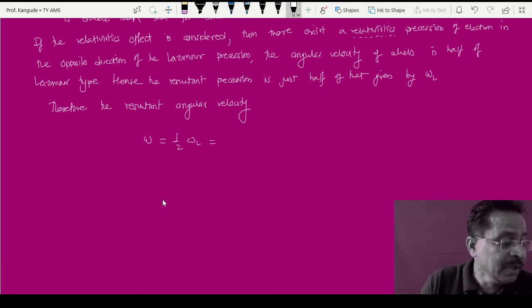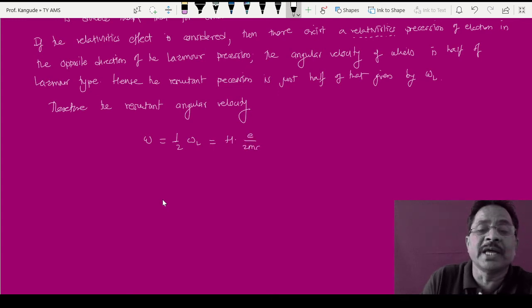So I get again the same relation, H into E upon twice MC, or I can replace this H from equation 9.